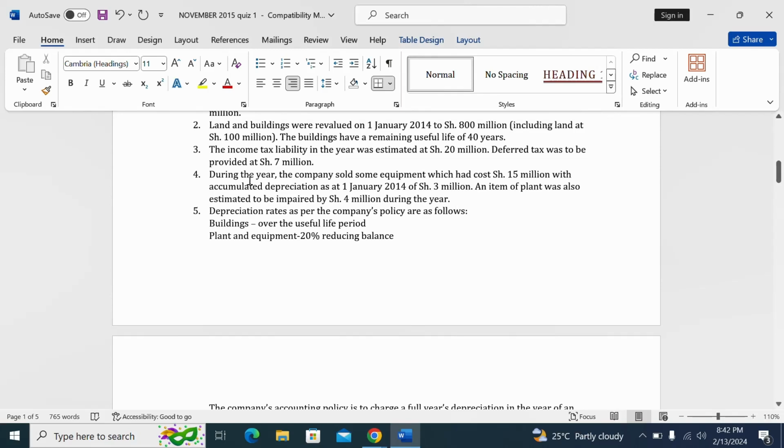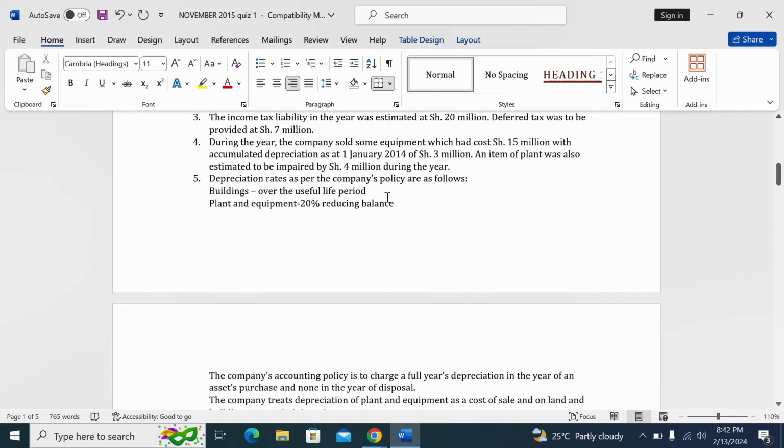Therefore, in this case, your understanding of property, plant, and equipment is being tested. How do you dispose property? How do you recognize property, plant, and equipment which have been disposed?